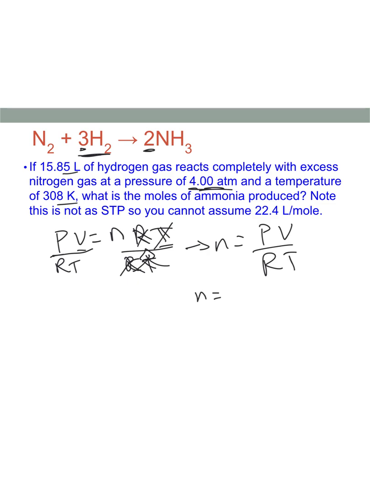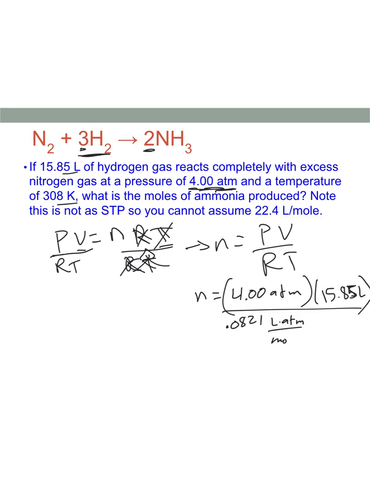So n is equal to pressure, 4.008 atm, times V, which is 15.85 liters, divided by R. Since this is in atm, I'm going to use the R value that matches that, which is 0.0821 liter atm over mole Kelvin.